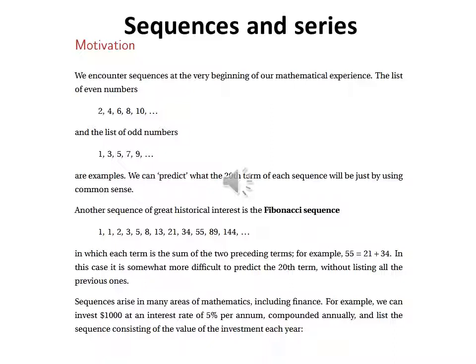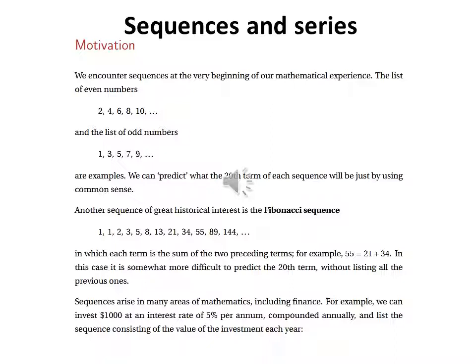In this case, it is somewhat more difficult to predict the 20th term without listing all the previous ones. So if you want to know the 20th term, you must write down all the preceding terms. Sequences arise in many areas of mathematics, including finance.